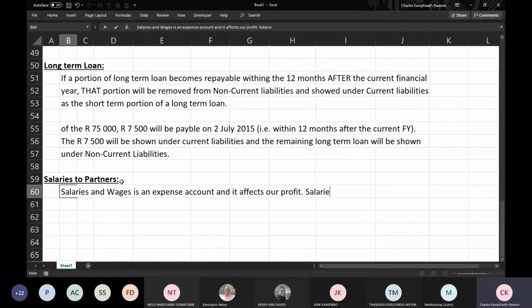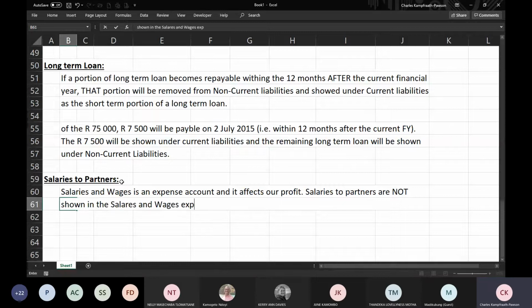Salaries to partners are not shown in the salaries and wages expense account, but it is taken to their current account.